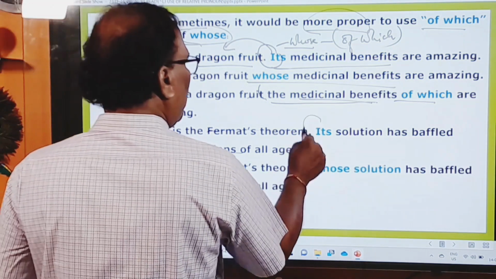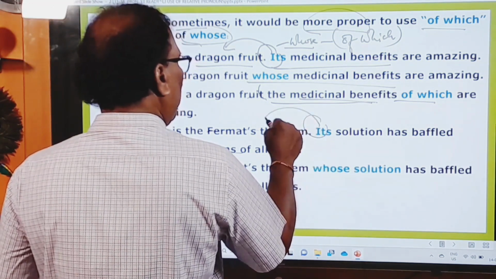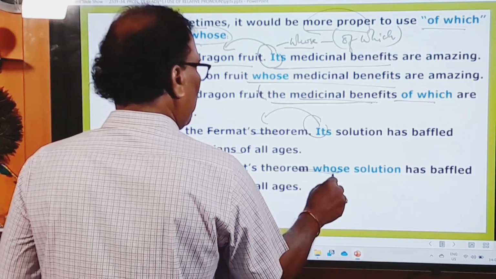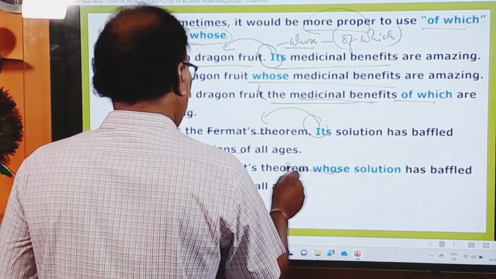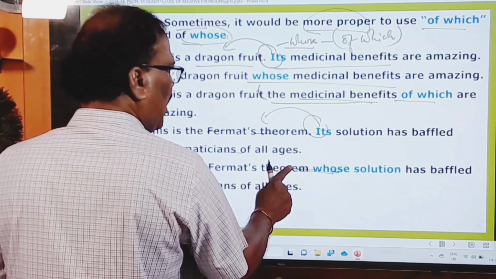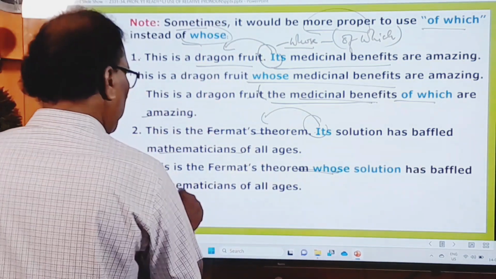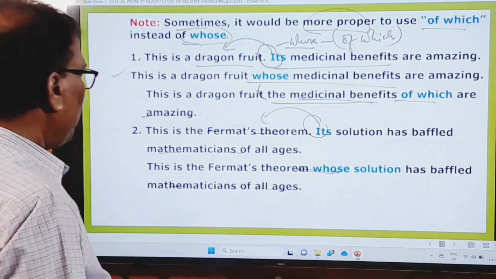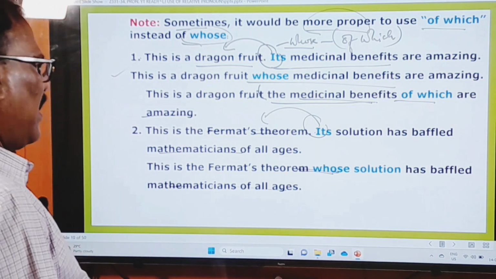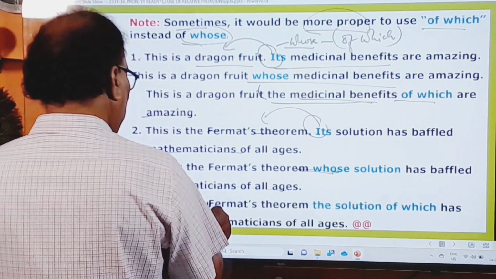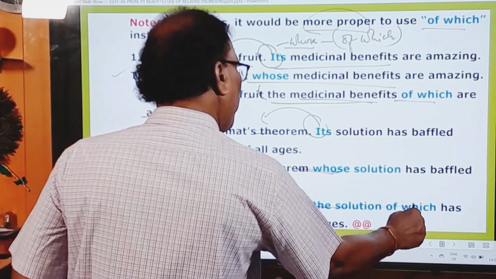Actually, instead of its, what is this its doing? It is referring to the theorem. So instead of that, we say, this is the Fermat's theorem whose solution has baffled mathematicians of all ages. Right. So you can also say this is the Fermat's theorem, the solution of which.